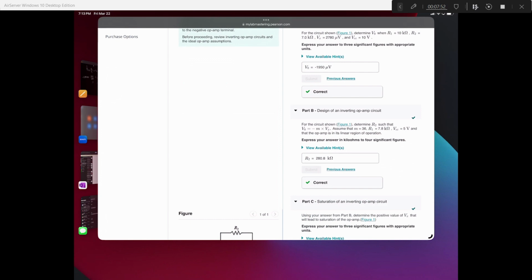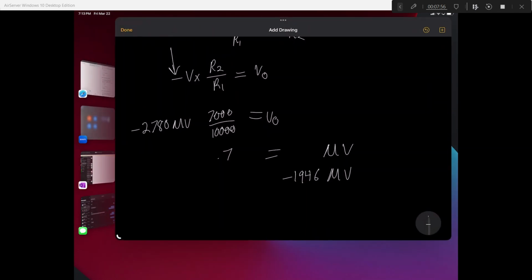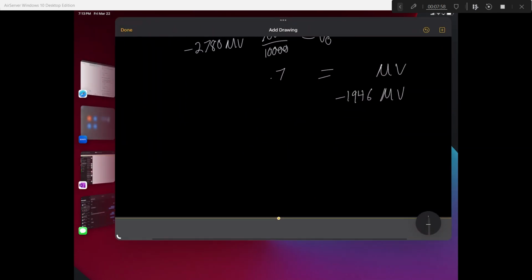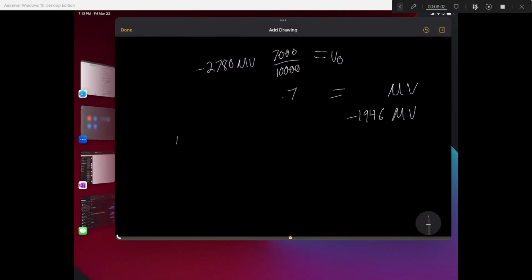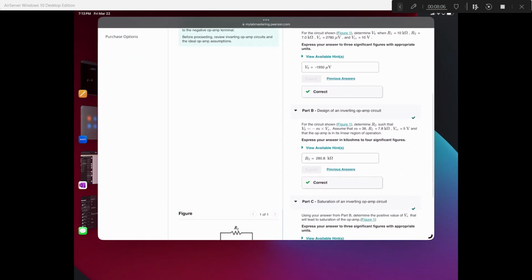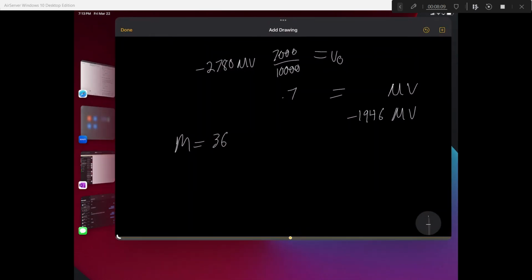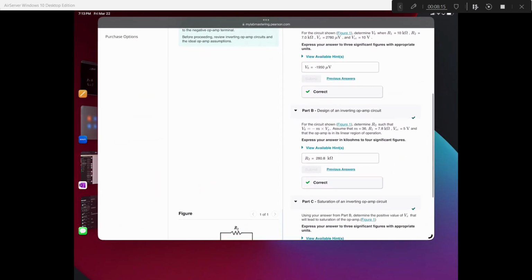Alright, so we're given R1. That is plenty. So for this problem, what is M equal to? 36. And R1 is equal to 7,800.